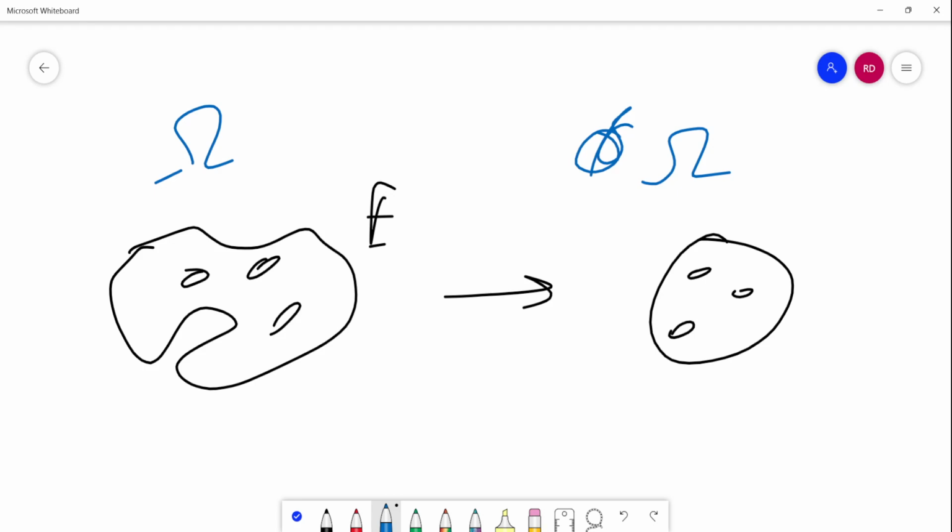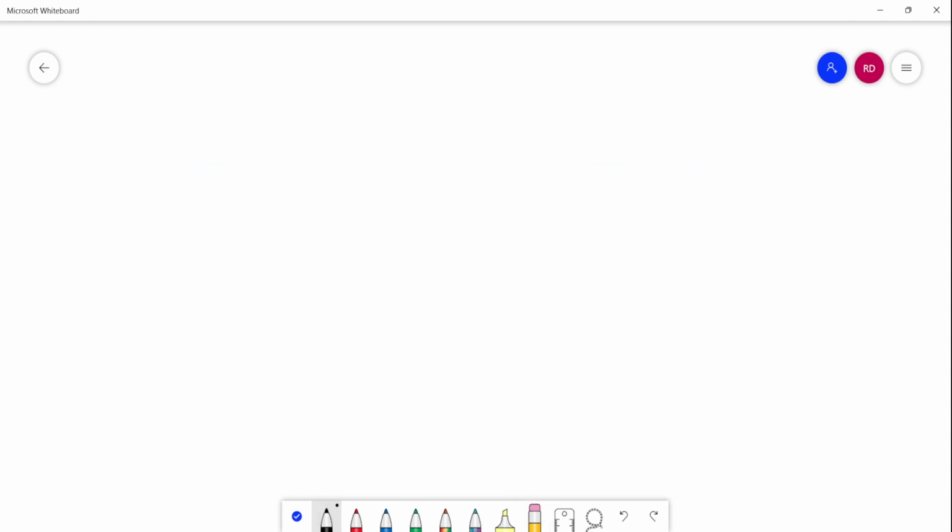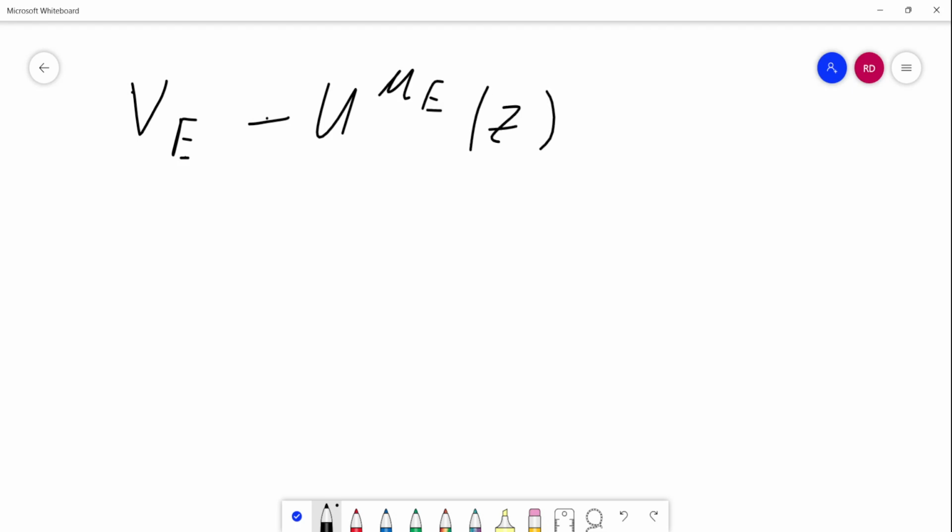So that's good, because we know some other things about the Green's function already. We have not a closed form, but we have a form of the Green's function, which is V_E minus U^mu_E of z.